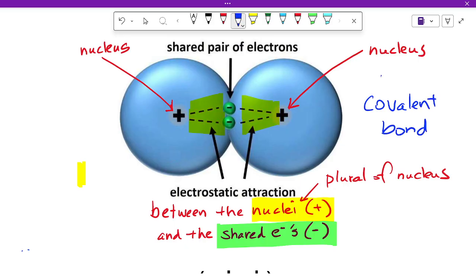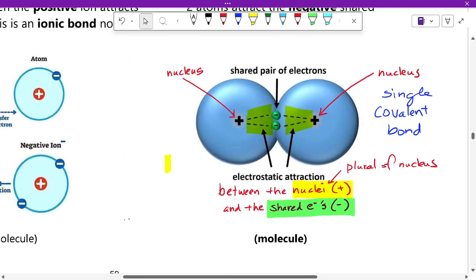This is a single covalent bond, yes. Now that's different than on the other side of the page.